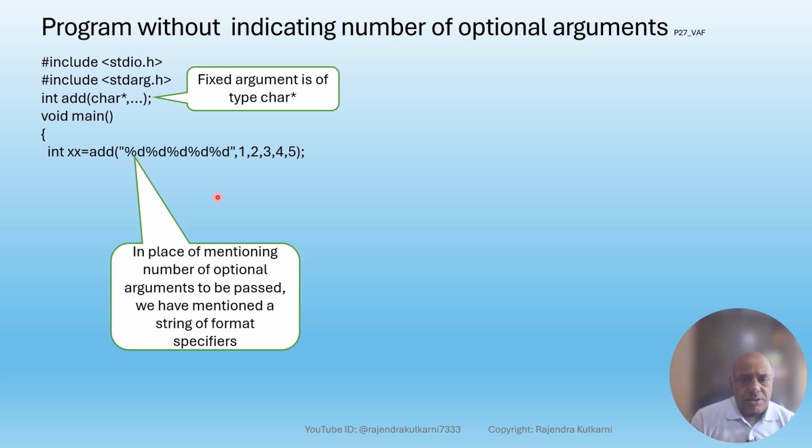In place of mentioning the number of optional arguments to be passed, what we have mentioned here is a string of format specifiers. Then this printf statement will give us the value returned by the function, xx is equal to %d, comma xx.